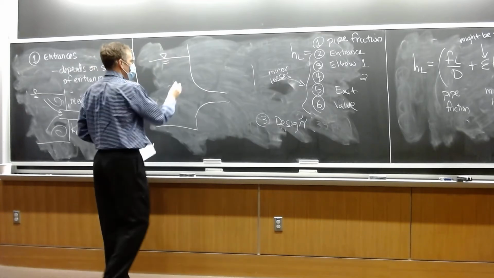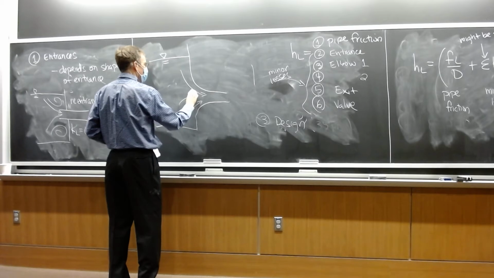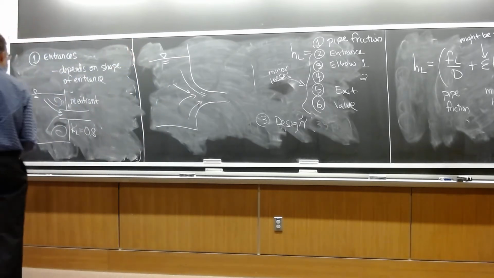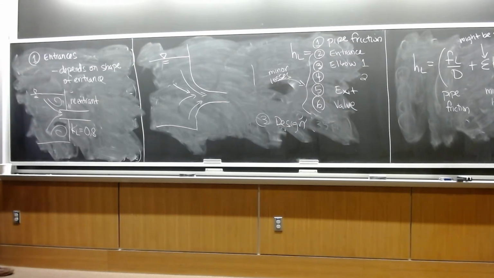one that's smooth, where you don't get these eddies, the recirculating water. The kinetic energy of this water swirling around eventually gets transferred to heat.